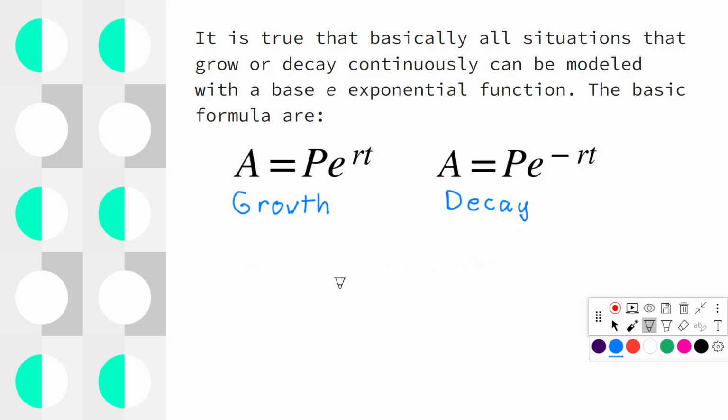And as we have seen in other lessons, P is going to be our starting amount. A is the amount we end with.